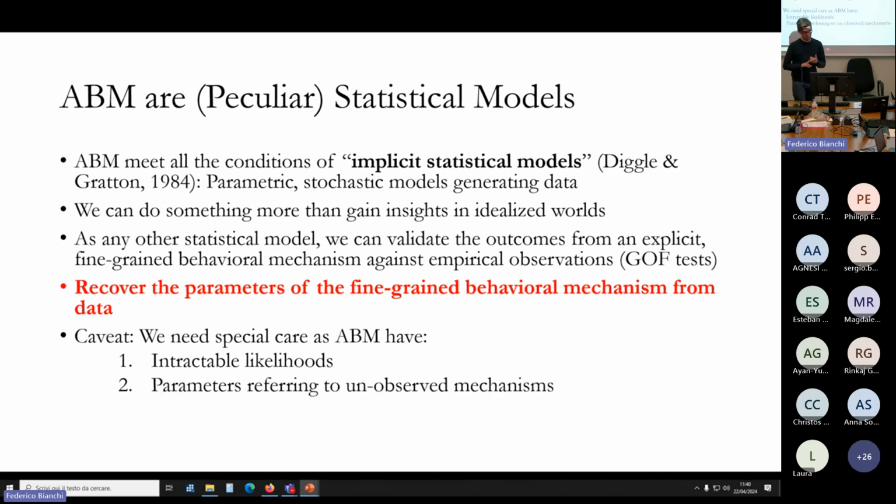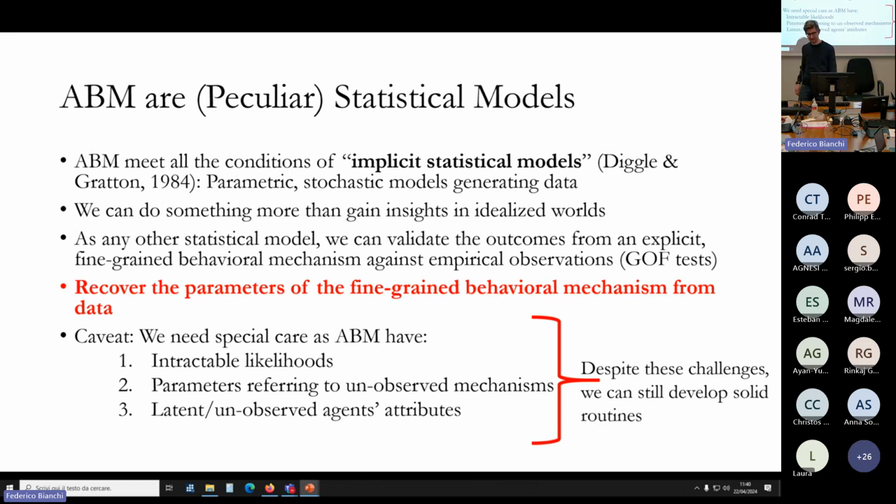Second, the parameters refer very often to unobserved mechanisms, or mechanisms that don't leave traces, if we follow the archaeological traces analogy. And finally, we might also have latent or unobserved agent attributes that can interact with these unobserved mechanisms and complicate the issue. So, despite this challenge, we can still develop solid routines.